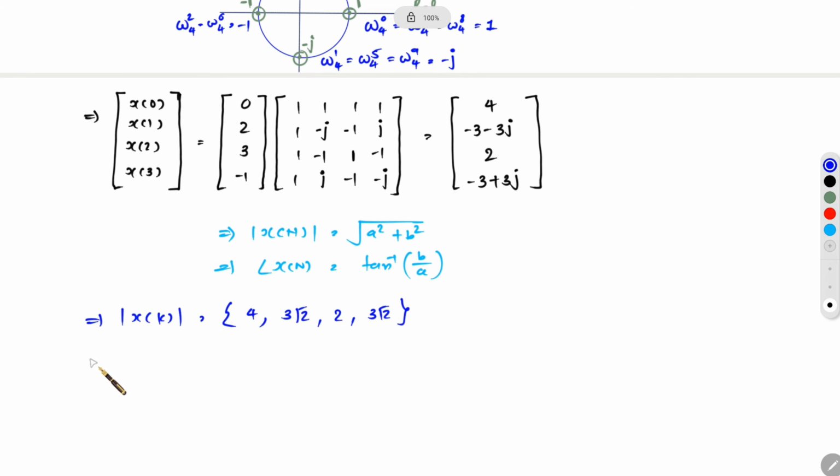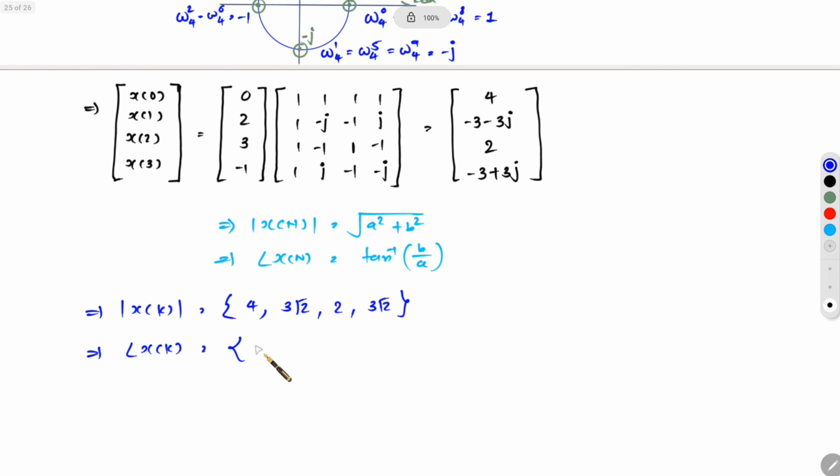Similarly, if you want to understand phase, then that phase will be, see, tan inverse of imaginary by real. Right. So with first element, imaginary is 0. So tan inverse 0 is 0. With this second element, phase will be tan inverse imaginary is minus 3 and real is minus 3.